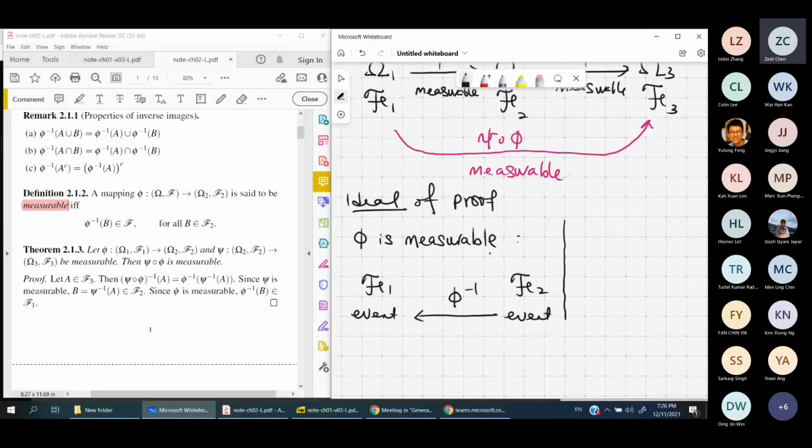On the other hand, we said that psi is also measurable, another measurable function from omega 2 to omega 3. So by our definition, it will look at all the events in F3 and then pull back to another event in F2.